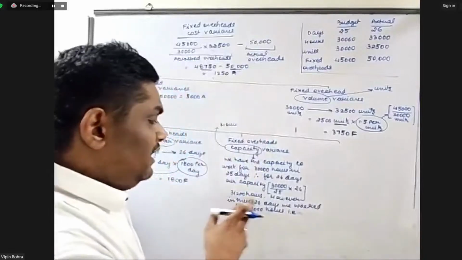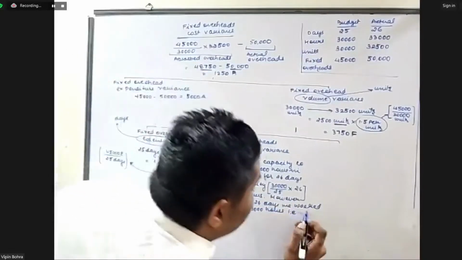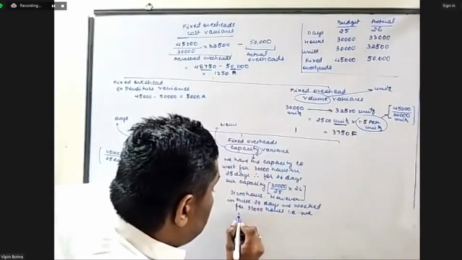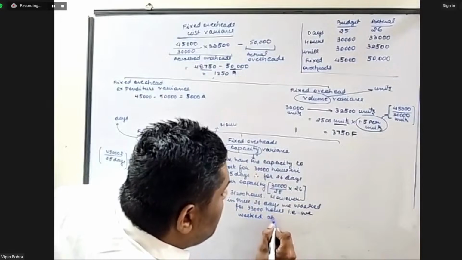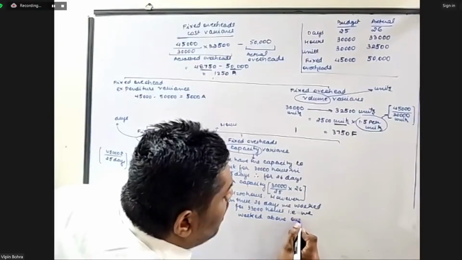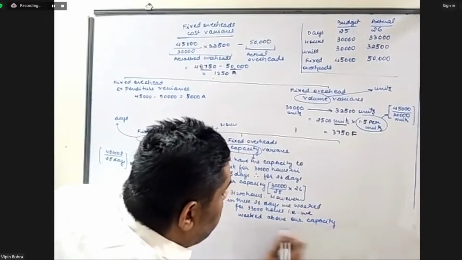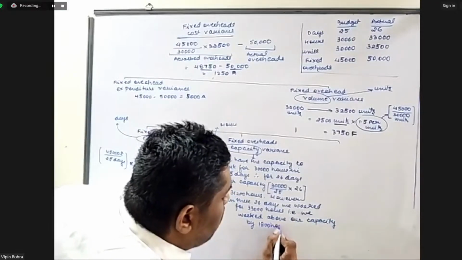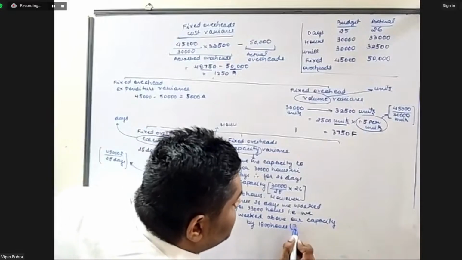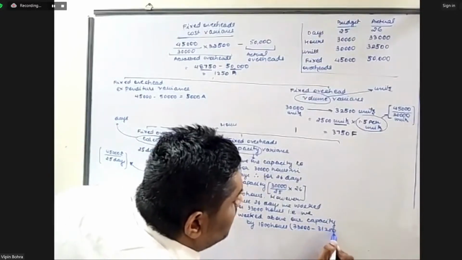That is, we worked above our capacity by 1,800 hours. How come 1,800 hours? 33,000 minus 31,200.